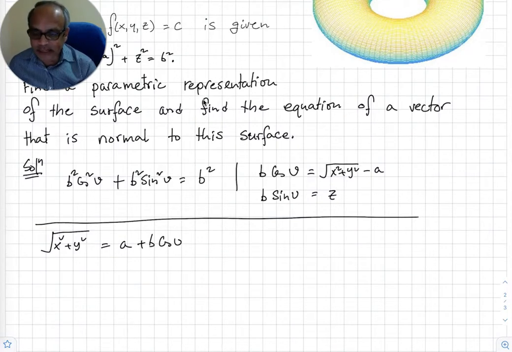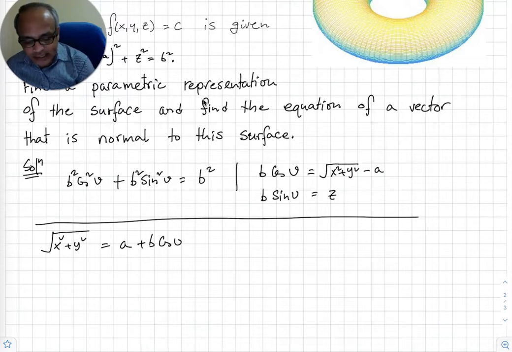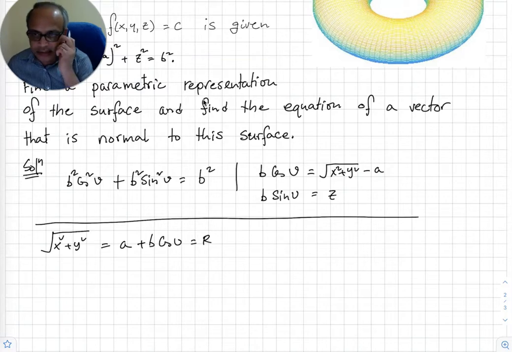And this tells me again, on the left hand side we can have another trig identity. For instance, the right hand side, let's denote it a constant number. That will be easy for understanding purposes. Okay, so the square root of x squared plus y squared equals r.